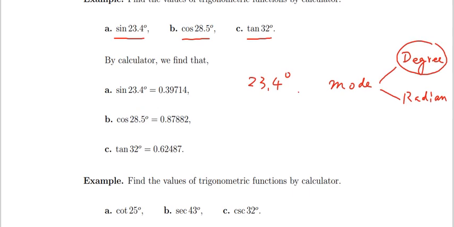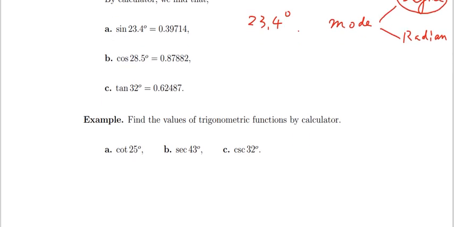For others, like cotangent 25 degrees, or secant 43 degrees, or cosecant, in our calculator we do not have them, so we have to change them.